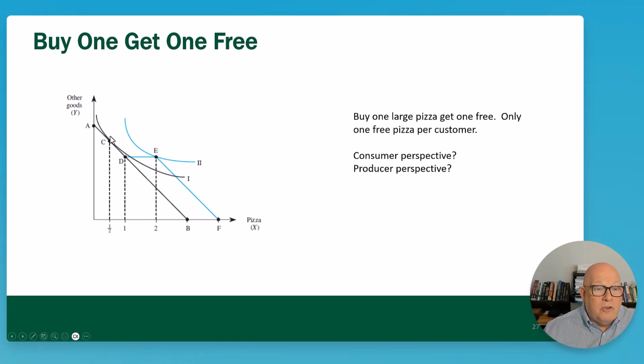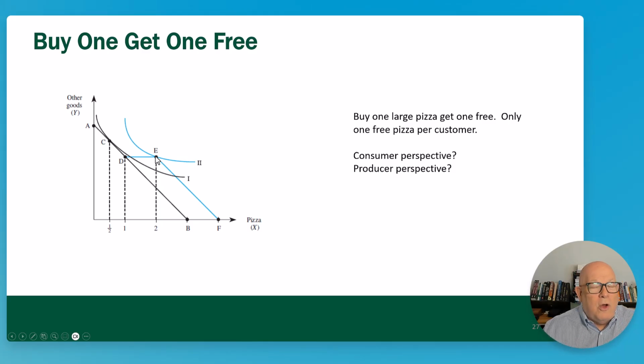As we might expect, that's going to allow us to hit a higher indifference curve. Now for this particular consumer, given that they're getting a free pizza, they're going to move out to here. And they're likely now to buy a large pizza because they're going to get one free.